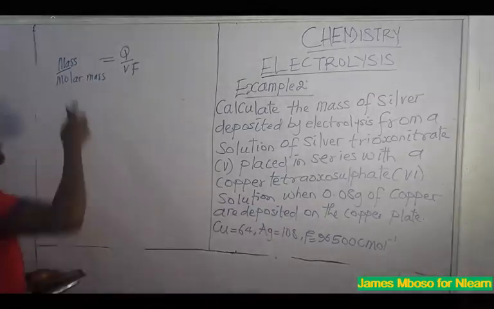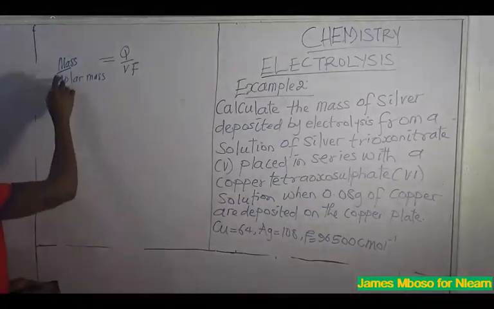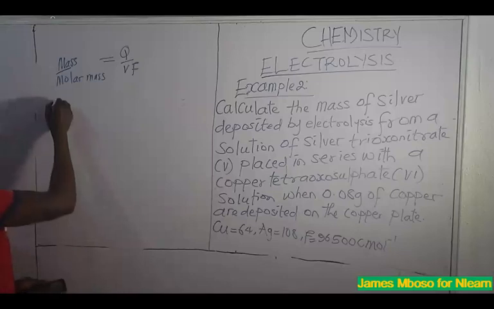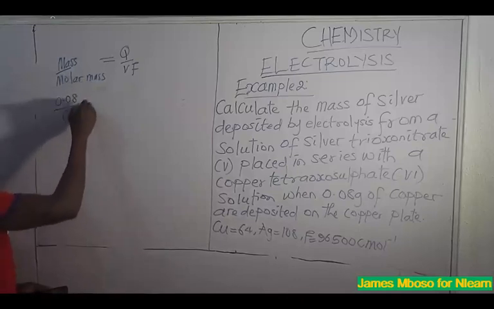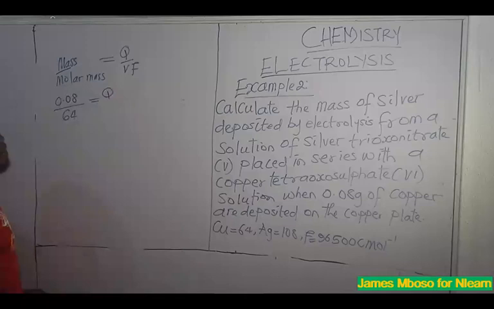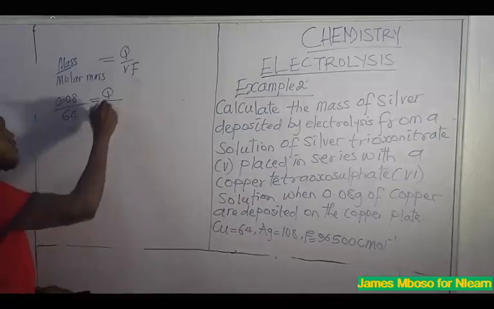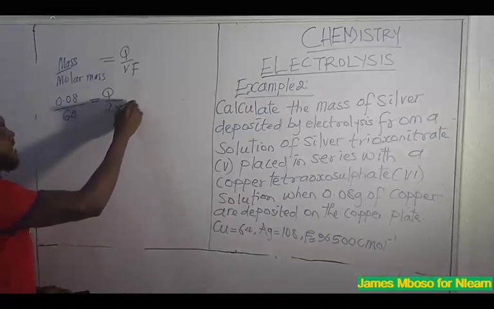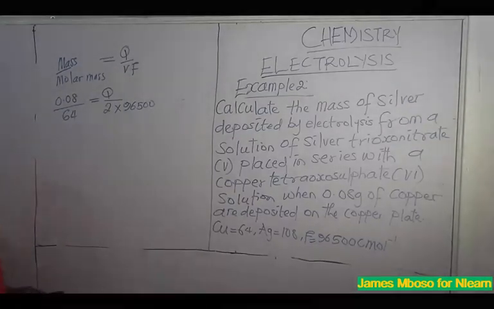The mass of which compound we are looking at first is the mass of copper. So mass of copper given is 0.08 over molar mass of copper, 64, equals the quantity that we don't know, over the valency of copper, 2, times the Faraday constant, 96500.